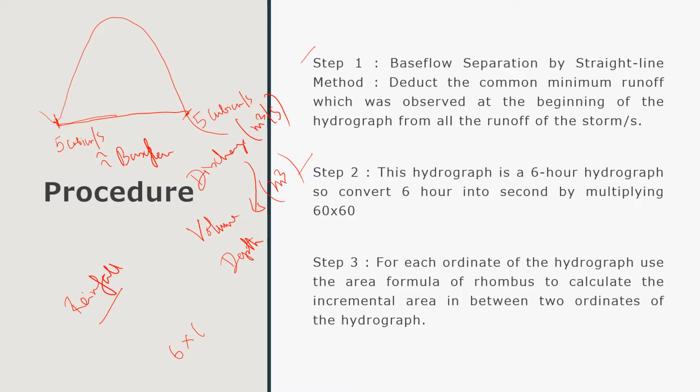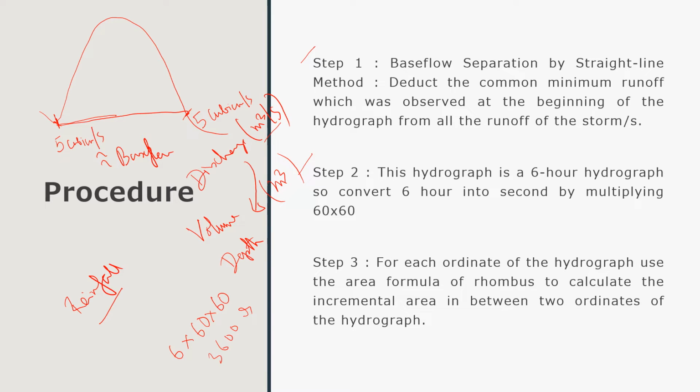First multiply by 60, since 1 hour is 60 minutes. So 6 hours into 60 means 360 minutes. Then again you multiply by 60 to make it seconds, so it will be 21600 seconds. Why am I converting it to seconds? Because discharge is given in meter cube per second.